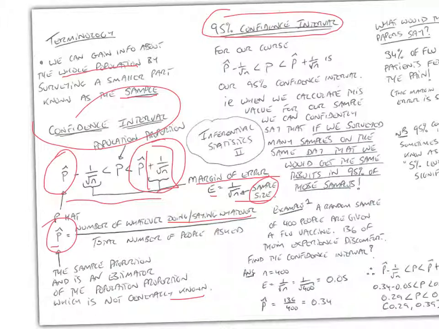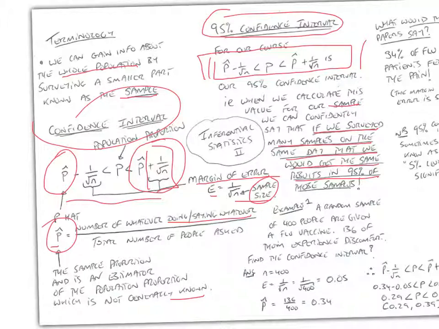So we'll always calculate our 95% confidence interval using this, or they might call it the 5% level of significance. But what does it mean? When we calculate this value for our sample, we can confidently say that if we surveyed many samples on the same day, we would get the same results in 95% of these samples.